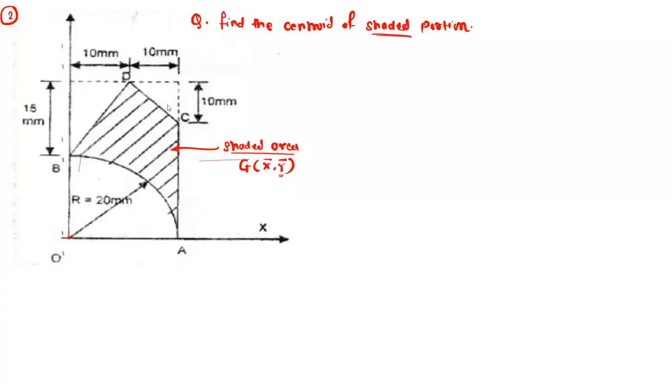If you observe this complete geometry, the first standard figure that you can observe is the rectangle. This is the rectangle having the dimensions: the total dimension is 15 plus 20 mm, so this is 35 mm.